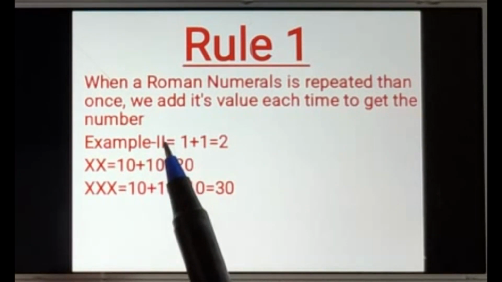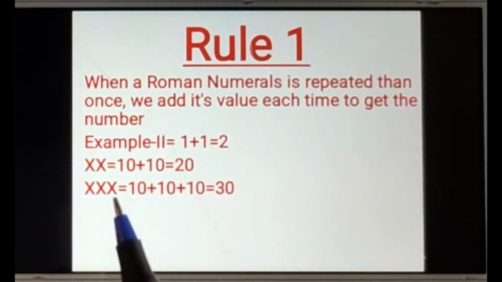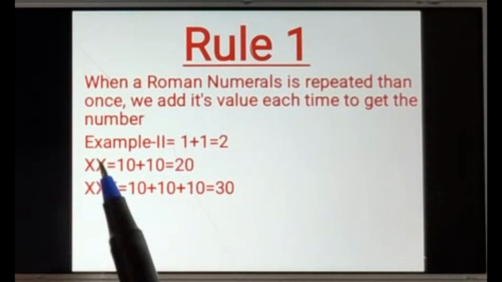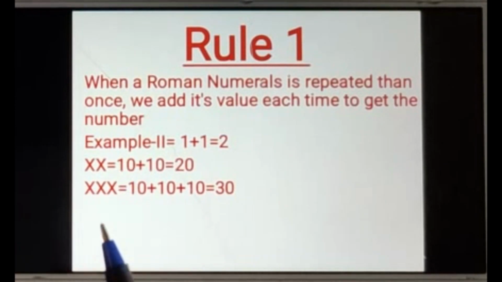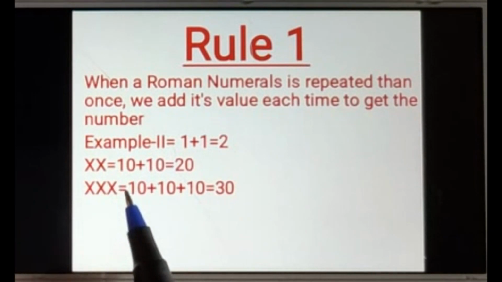Similarly, if you have XX, then it is 10 plus 10, equal to 20. XXX is 10 plus 10 plus 10, equal to 30. If somebody asks you to write 30 in Roman numeral form, you can say XXX is the Roman numeral form of 30.